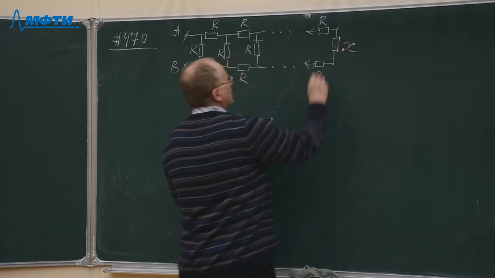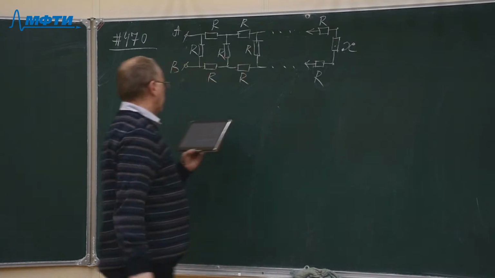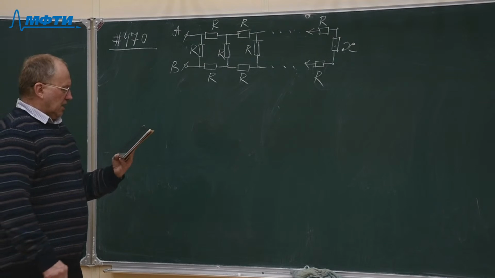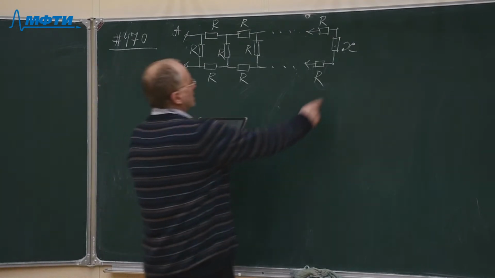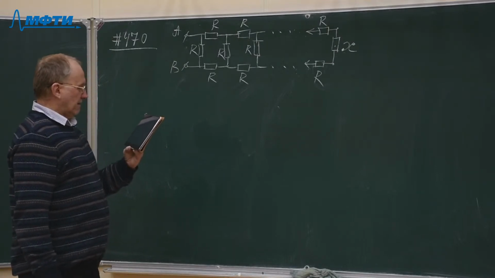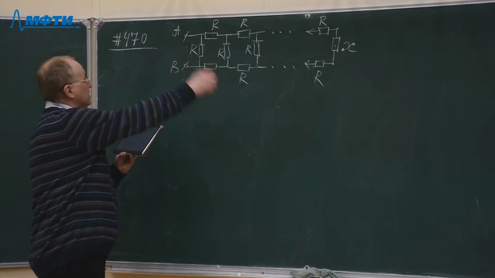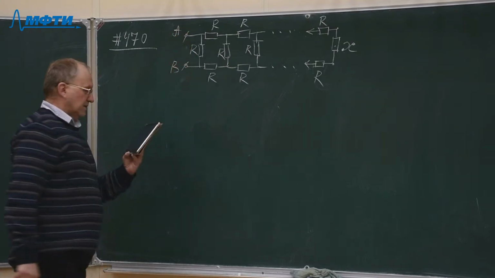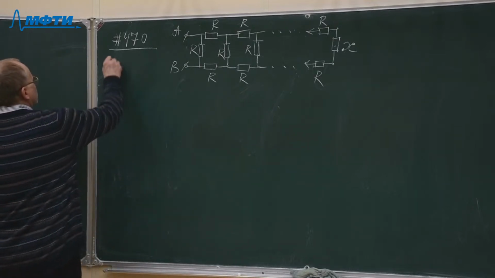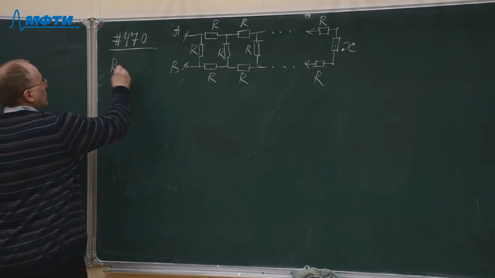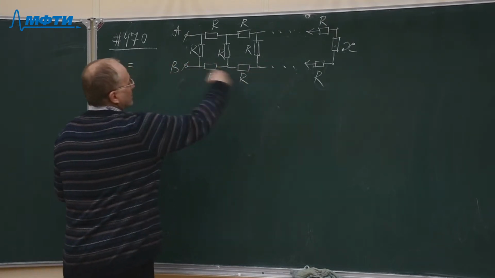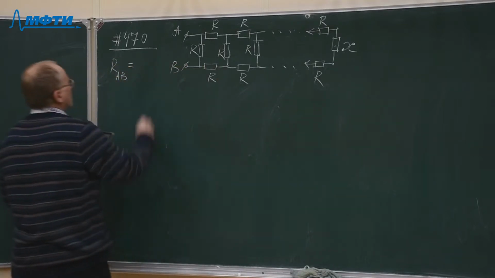I will denote this resistance as X. So what should the resistor X be, so that the resistance of the entire circuit between points A and B does not depend on the number of elementary cells, on the length of this circuit?